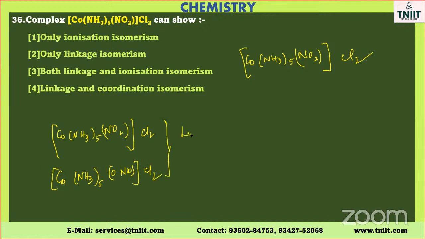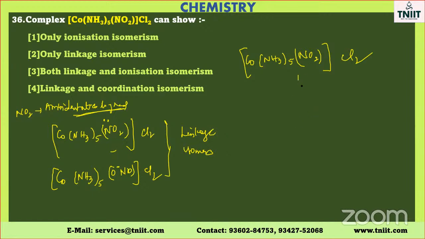Here, this is a linkage isomer. Why? Here, the donor atom is nitrogen. Here, the donor atom is oxygen. NO2 is an ambidentate ligand. A ligand which has more than one type of donor atom is called an ambidentate ligand. Therefore, it can show linkage isomers.